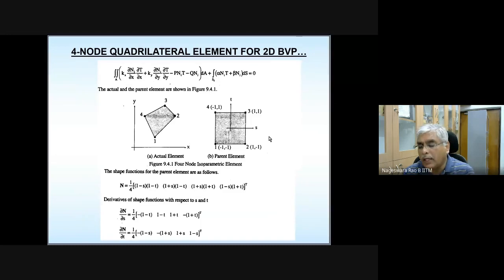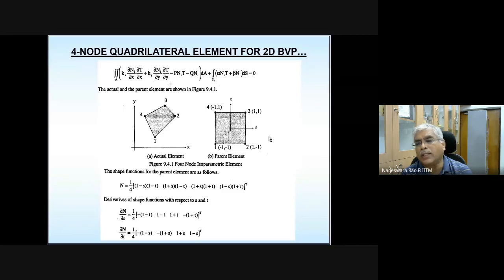That's why I told you, you need to put in your effort. Before you try to understand 2-dimensional problems, you should have a complete idea about 1-dimensional problems, the higher order elements in the 1-dimensional case. And then you start with 2-dimensional problems.